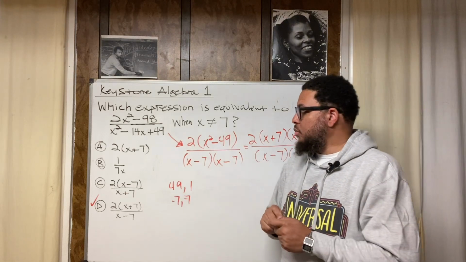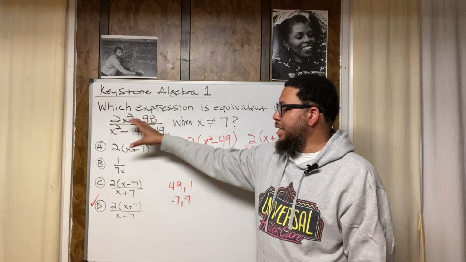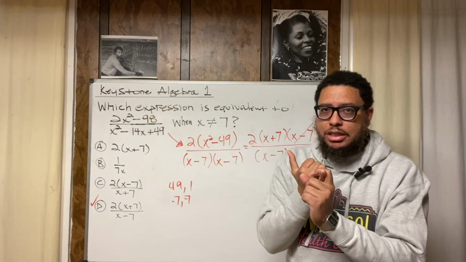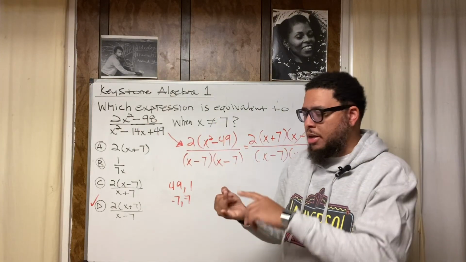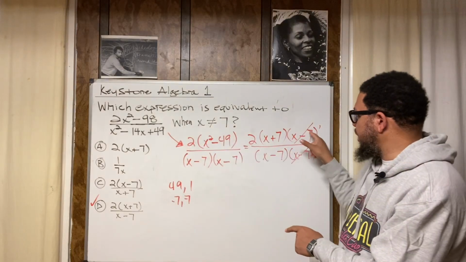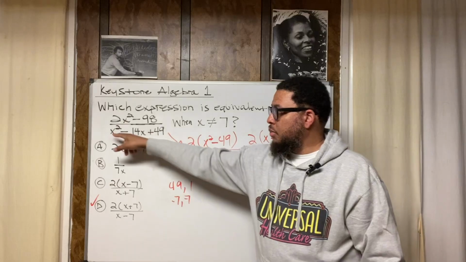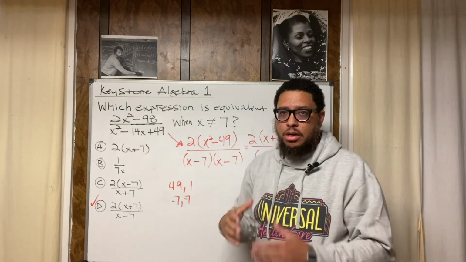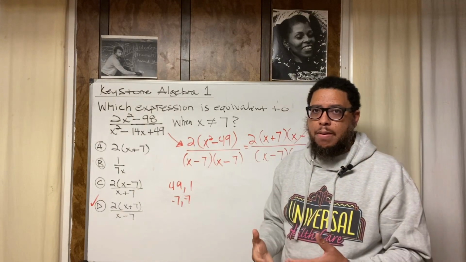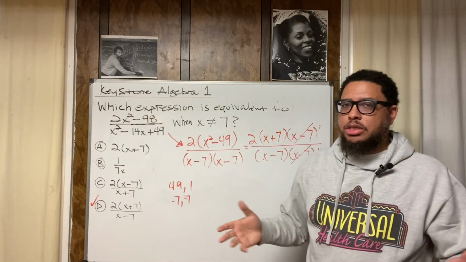So definitely practice with expressions like this: factoring out GCFs like we did in our first step, factoring the difference of two squares like we did from this to that, and factoring quadratic trinomials when the lead coefficient is positive 1. These are skills you have to know. This is a non-negotiable.